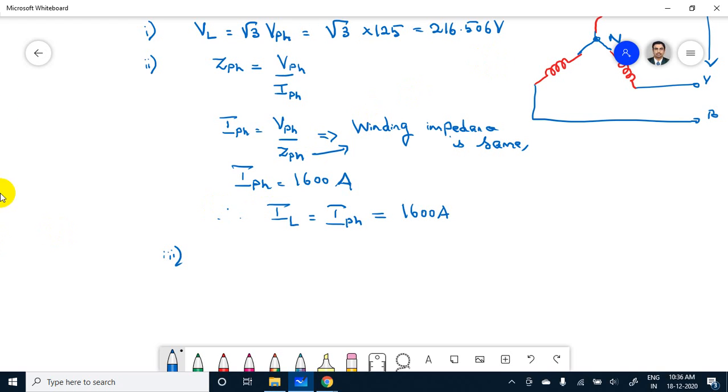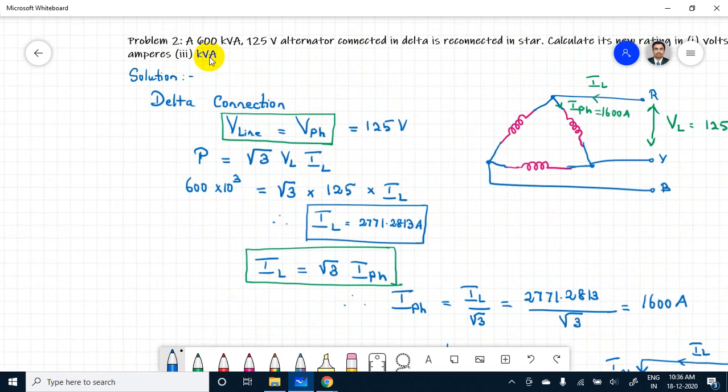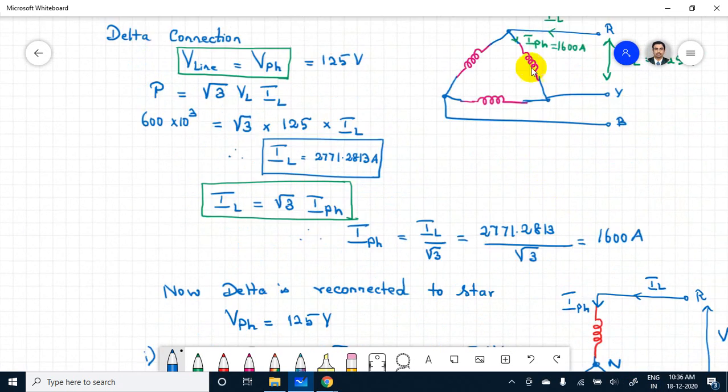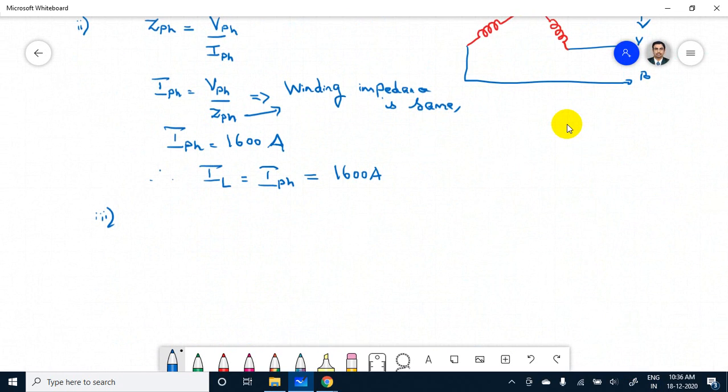Third point, they are informing you to measure the power, kilovolt ampere. So how to measure the kilovolt ampere? What is the formula? Power equal to root 3 VL IL, which is equal to root 3 into VL.